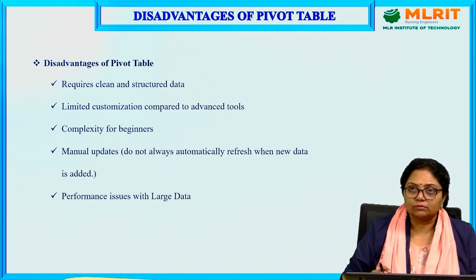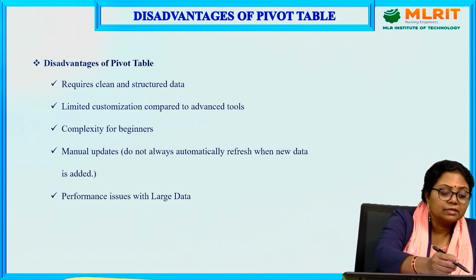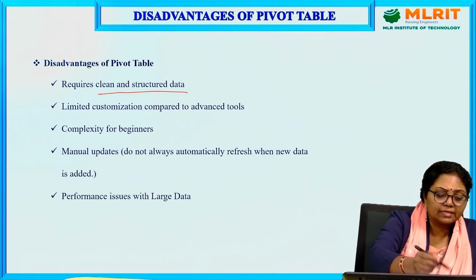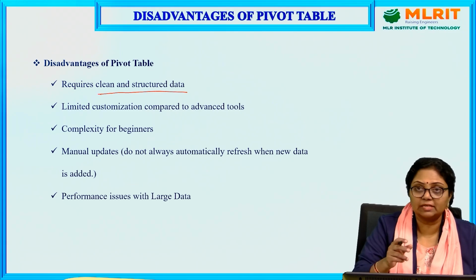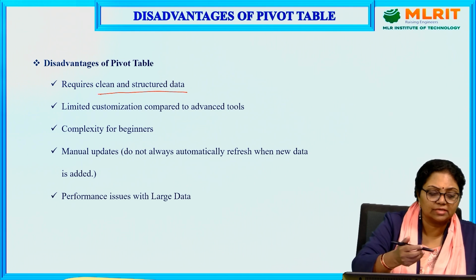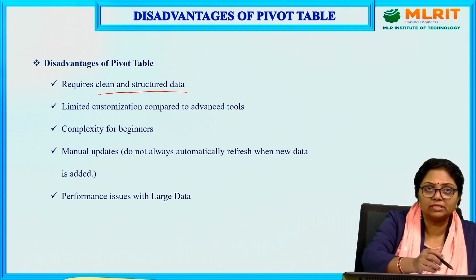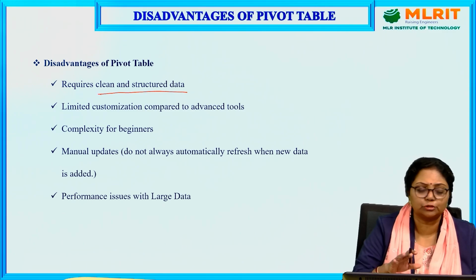Then the disadvantages. There are certain disadvantages. The problem here is that it requires clean and structured data. Suppose any information in rows or columns is missing. The pivot table cannot give us correct or accurate data. In such cases, the major disadvantage is that the data should be in a very clean and structured form.